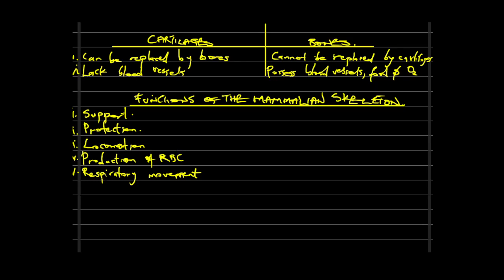So respiratory movement is brought about by the continuous contraction and relaxation of the thoracic region of the chest cavity in organisms. That is what makes it possible for respiration to take place.